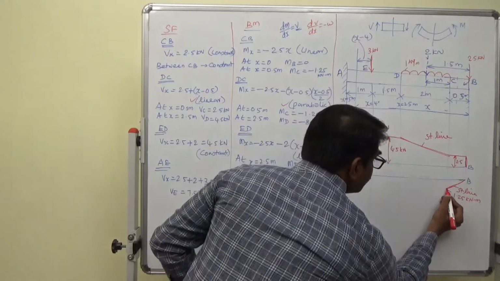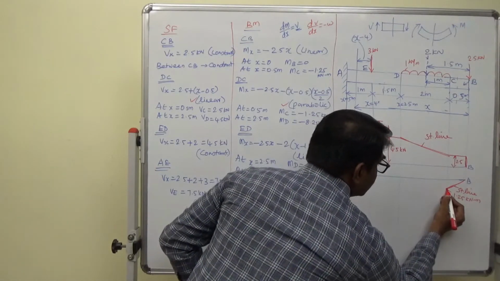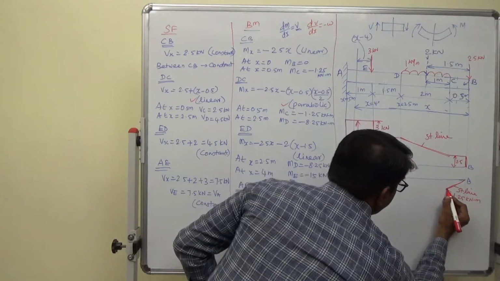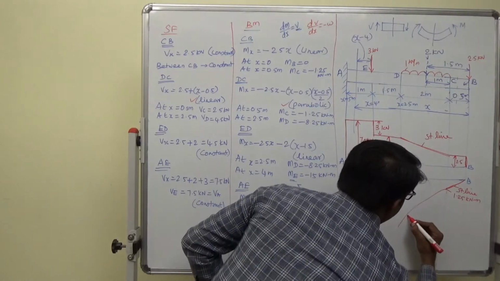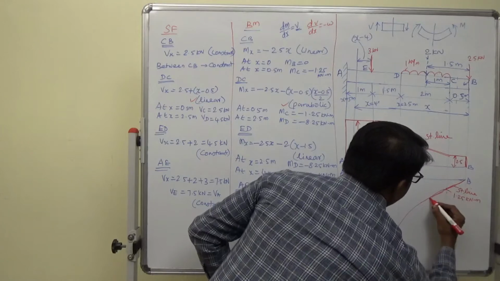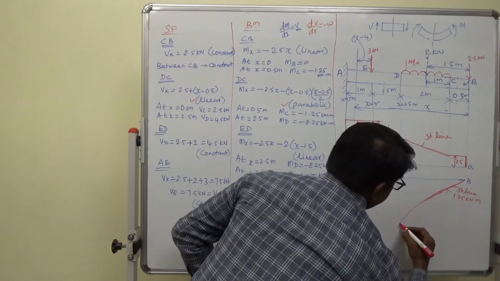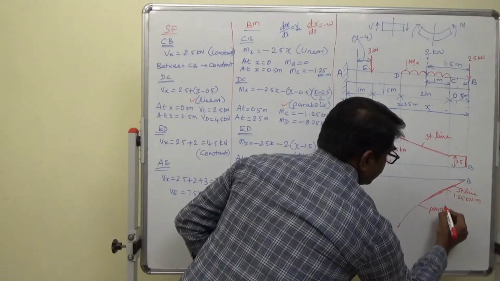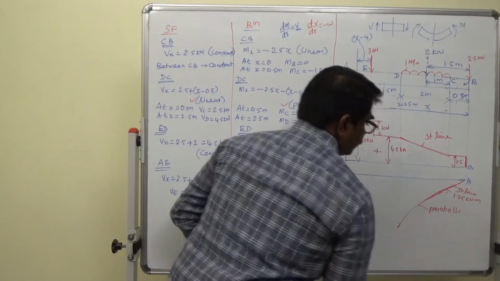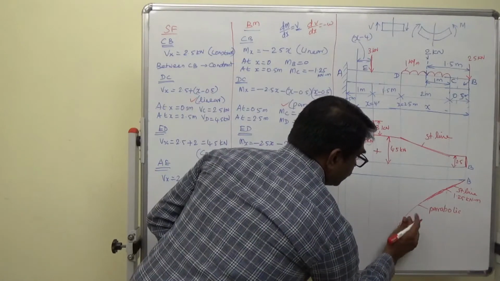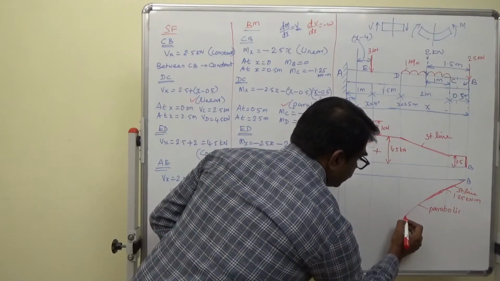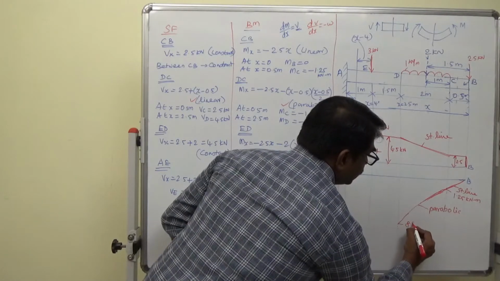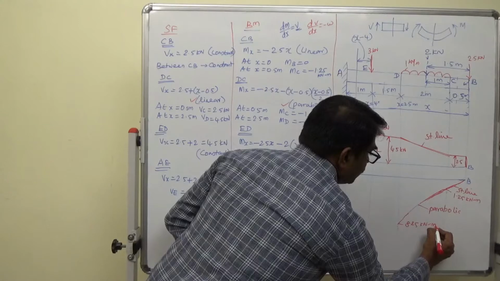You have to start with the same slope, and then the slope keeps changing, and it is parabolic. And here the value is 8.25 kilonewton meter.